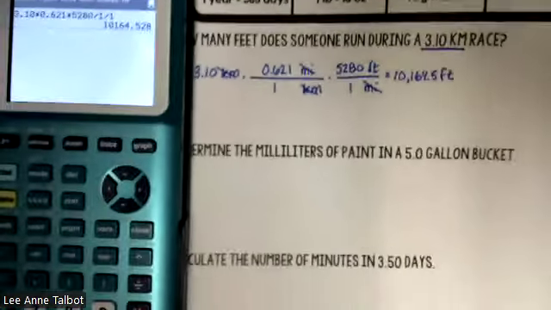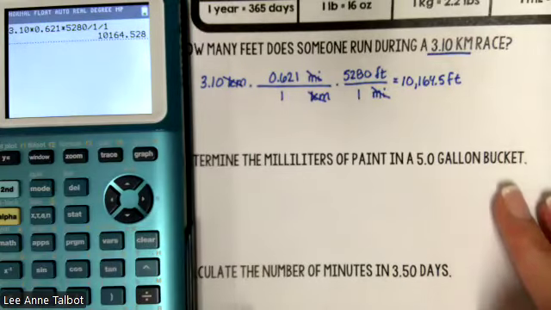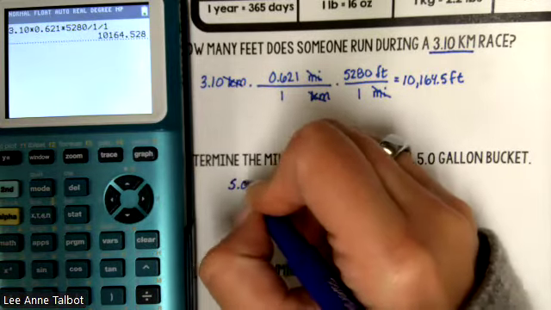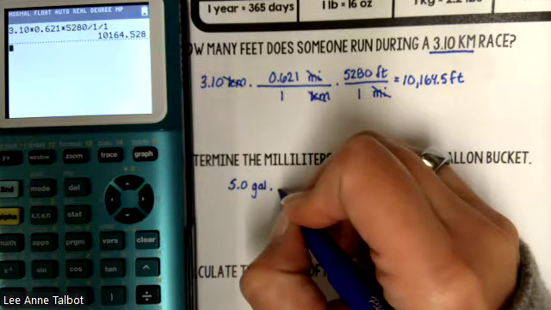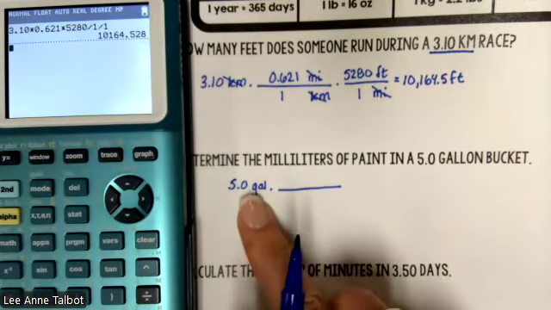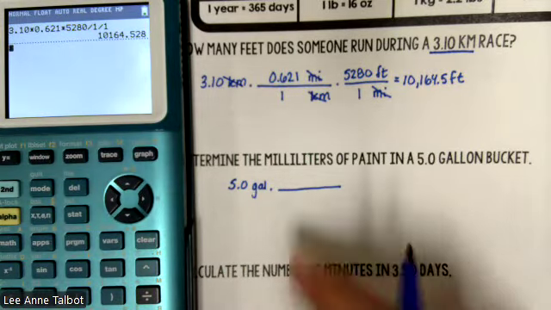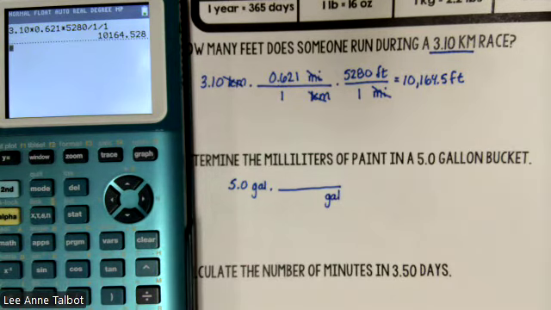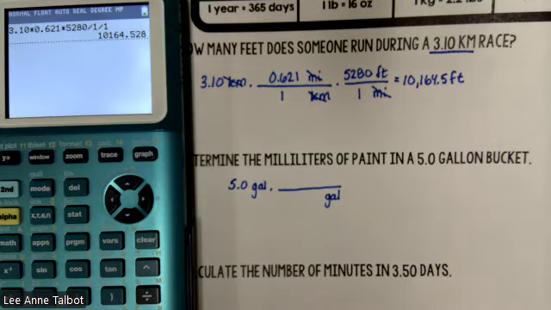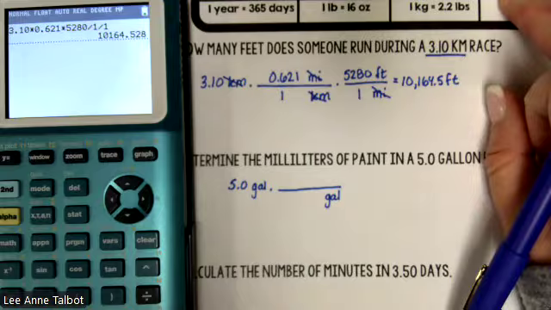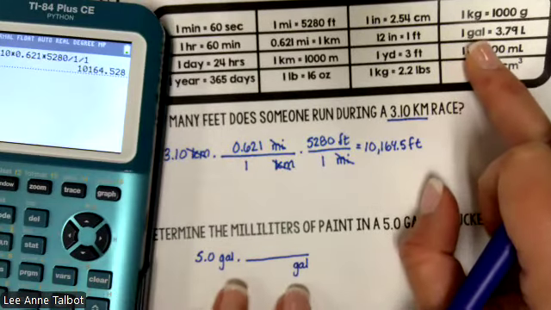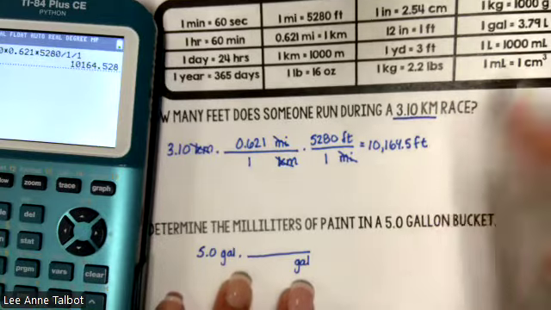Okay. Part 2. Determine the milliliters of paint in a 5.0 gallon bucket. I write 5.0 gallons times line. And I need to make sure that gallons are on the bottom. Okay, gallons is over here. 1 gallon is 3.79 liters.